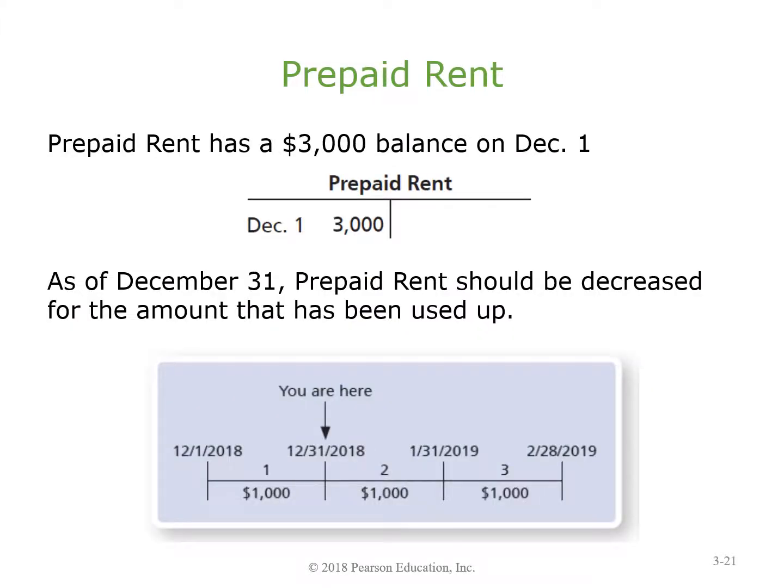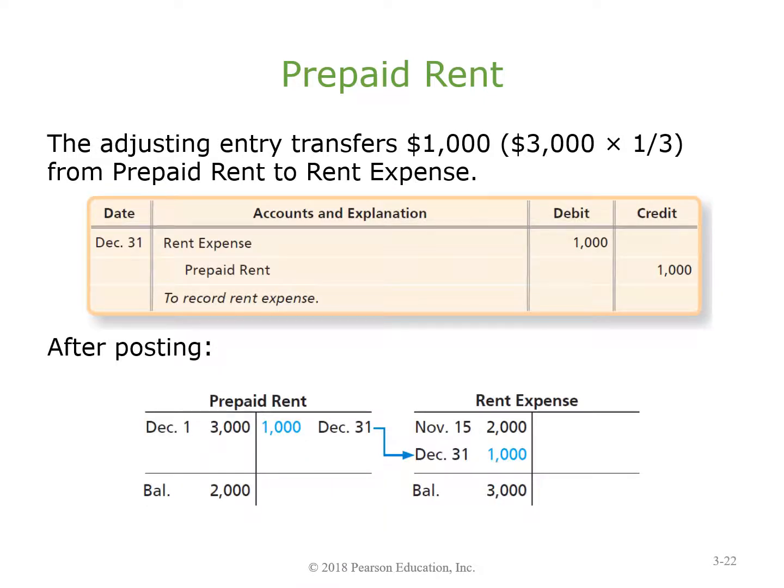Then at the end of the month, they needed to move $1,000 that has been used up. So as you can see, at the end of the month, they needed to move $1,000 out of the asset account, prepaid rent, and into rent expense.